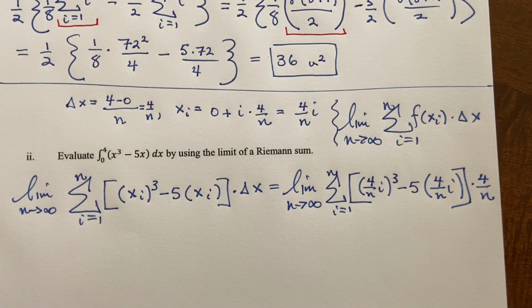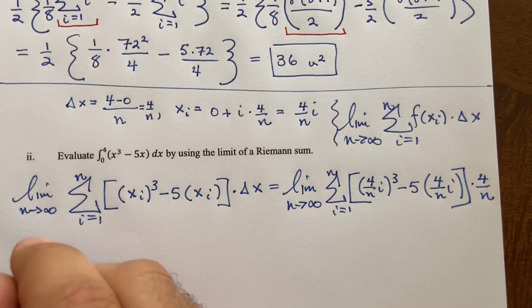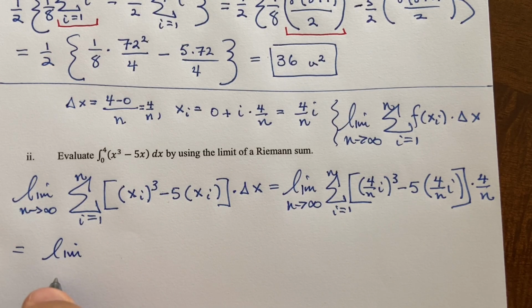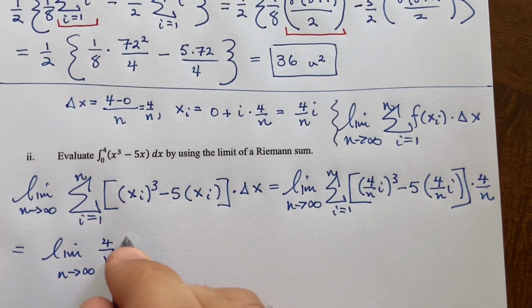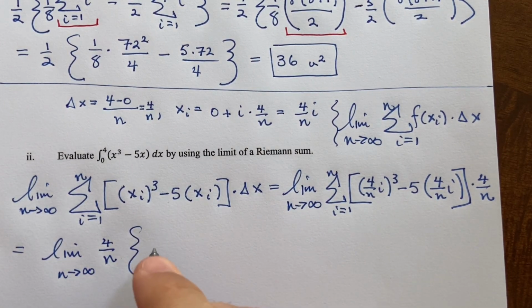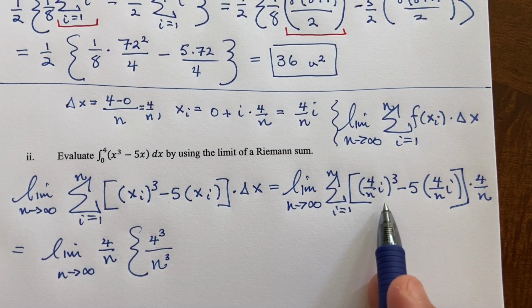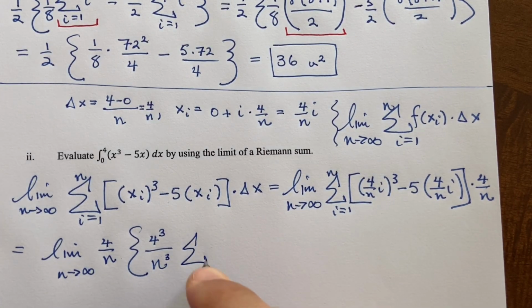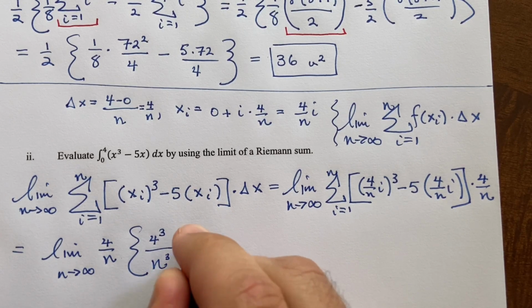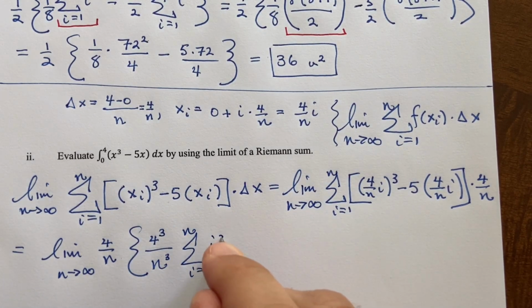After I do that, I'll simplify also at the same time. So we would have the limit as n goes to infinity, and then I'll bring out the 4 over n. I'm going to write some braces. I'll have a 4 cubed, so I'm just doing some quick algebra. I'll have an n cubed out of this cubing here, and then that'll leave the sum going from i equals 1 to n of i cubed.